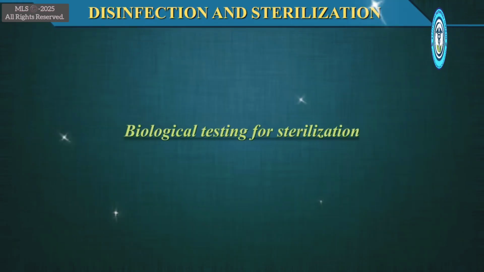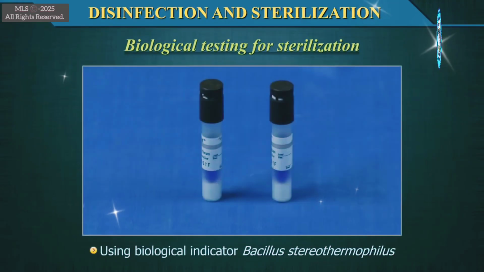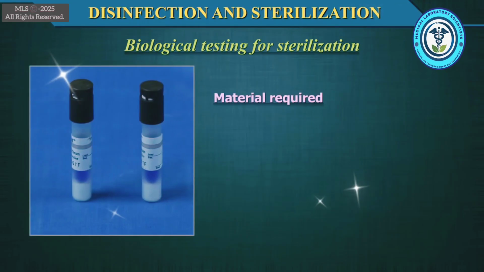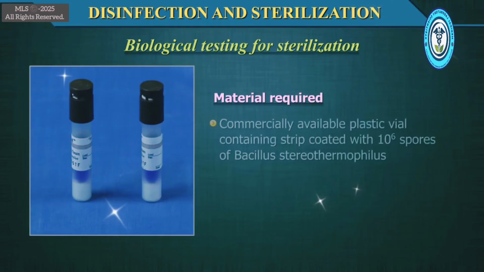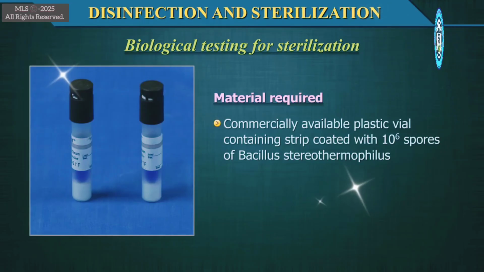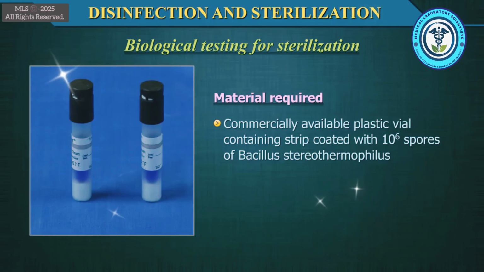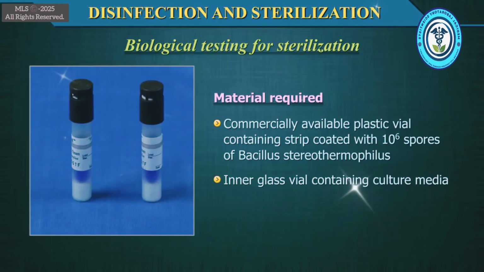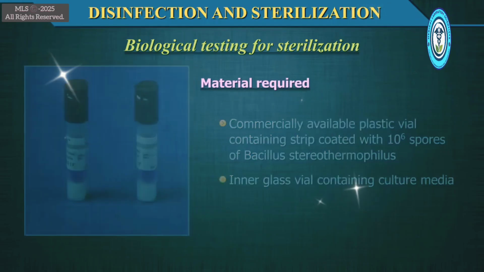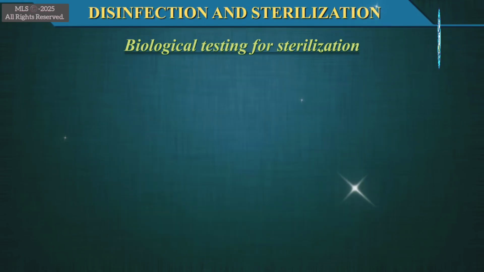Biological testing for sterilization. It is done by using a biological indicator, Bacillus stearothermophilus. Material required: a commercially available plastic vial containing a strip coated with 10 to the power 6 spores of Bacillus stearothermophilus and an inner glass vial containing culture media, and a water bath.